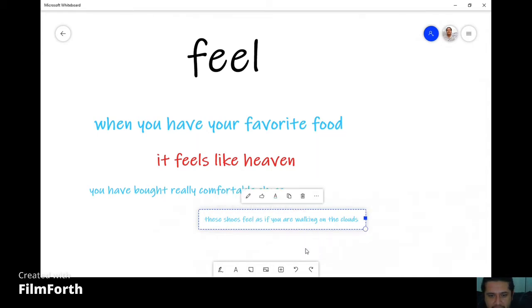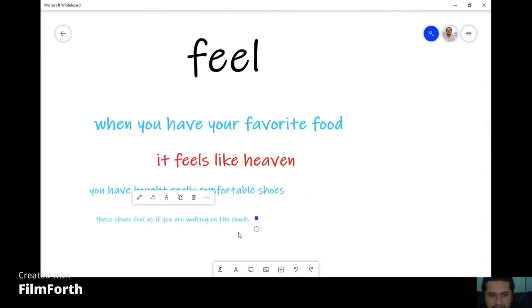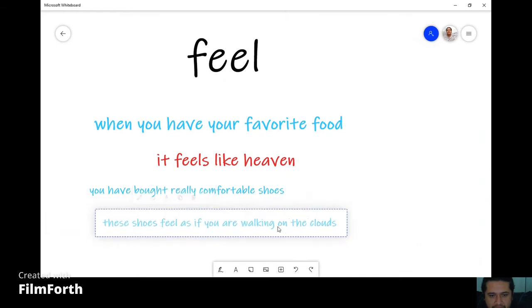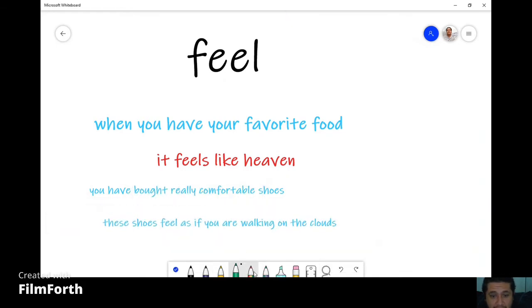Now I am using as if for this sentence, for this comparison that I am doing. Okay. Now, if you ask me what is the difference between like and as if, I can tell you that when you use sentences with like, what is next? It can be a noun.